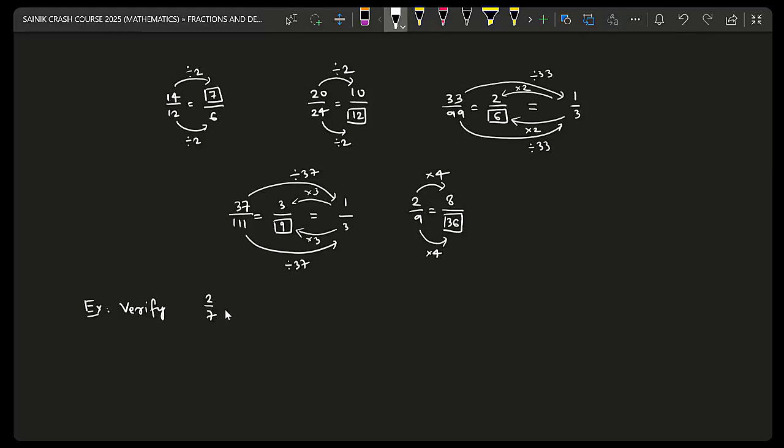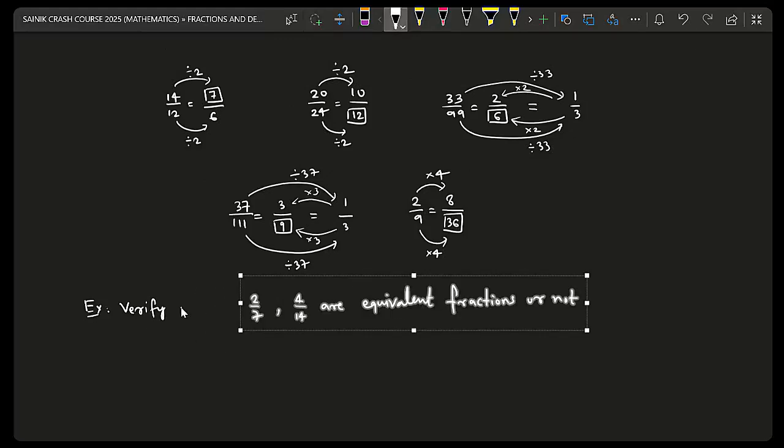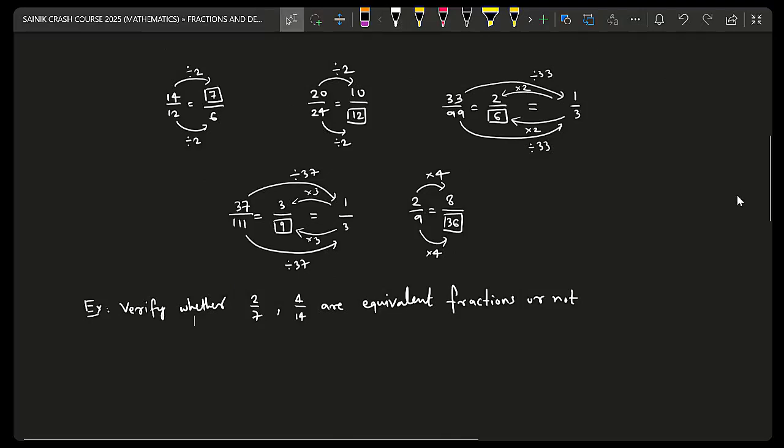Verify whether 2 by 7 and 4 by 14 are equivalent fractions or not. How can you check whether they are equivalent fractions or not? If they are equivalent fractions, yes, otherwise no.